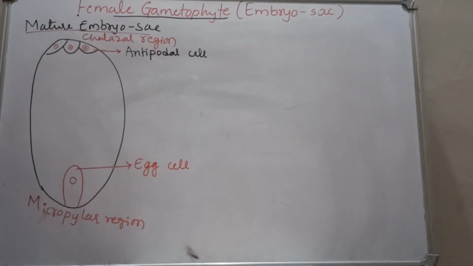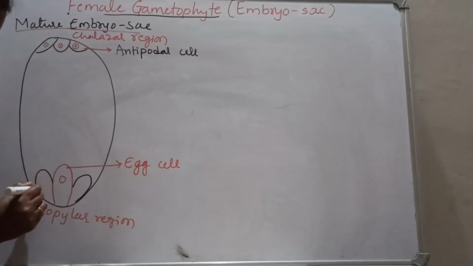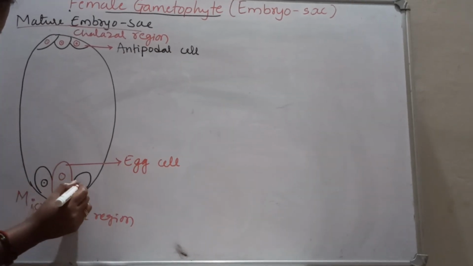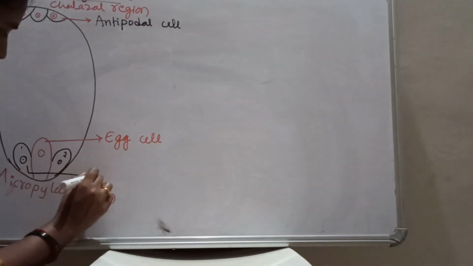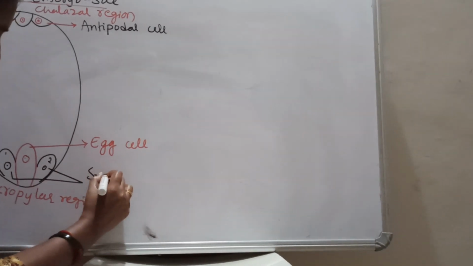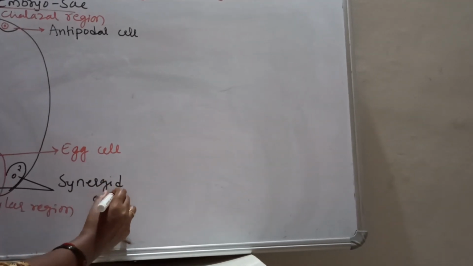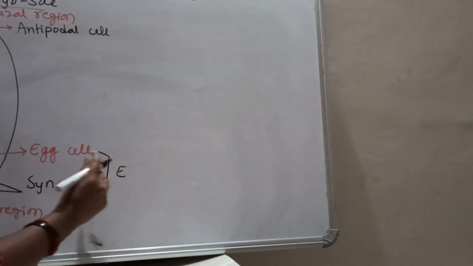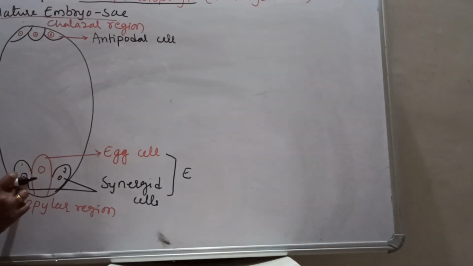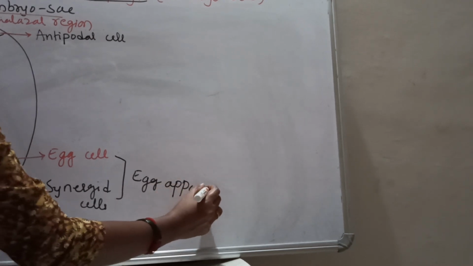The 2 cells present adjacent to the egg cell are called synergid cells. The egg cell and these 2 synergid cells together are called the egg apparatus.